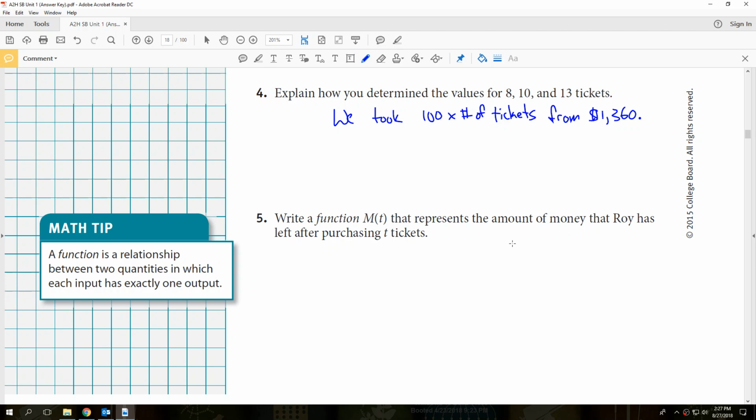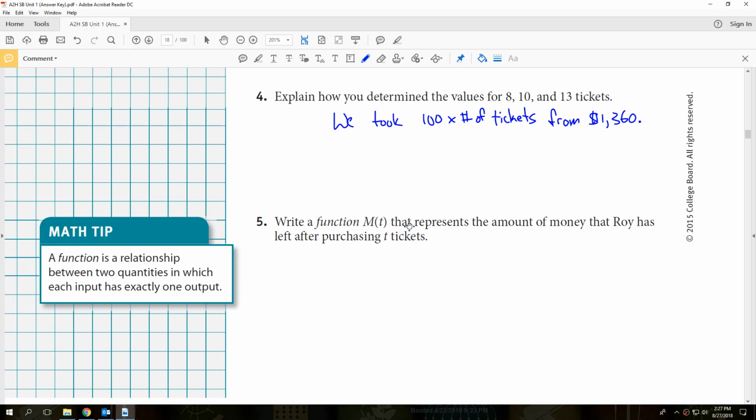All right, and then finally, the moment we've all been waiting for, we are going to write a function, m of t, that represents the amount of money that Roy has left after purchasing t tickets.